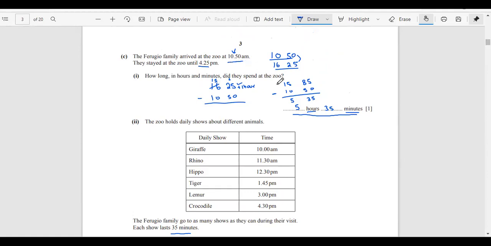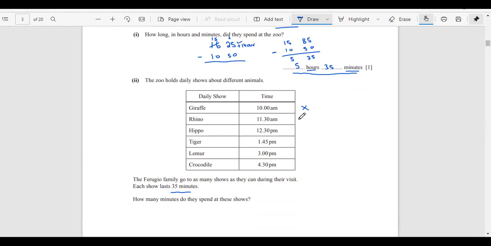If they arrived at 10:50, obviously they were not able to watch the giraffe show, right? And now we need to calculate for this one, this one, this one, this one, and then this one as well, but they were not able to watch that completely. So yes, they were able to watch 4 shows completely.